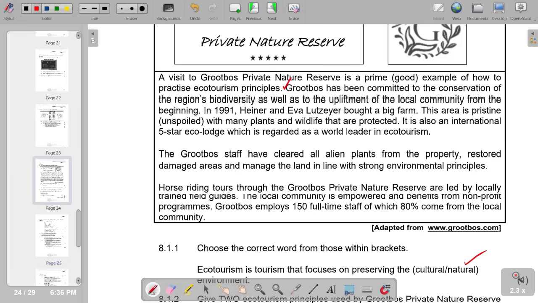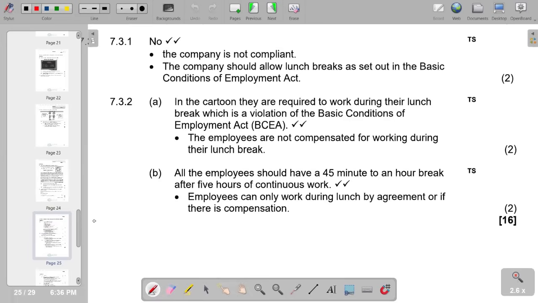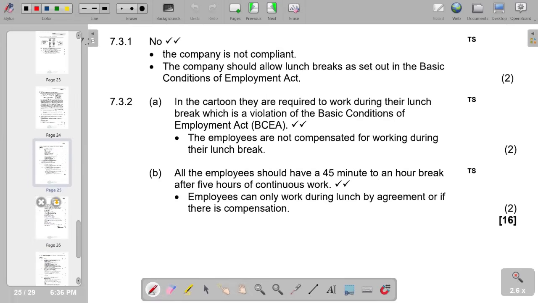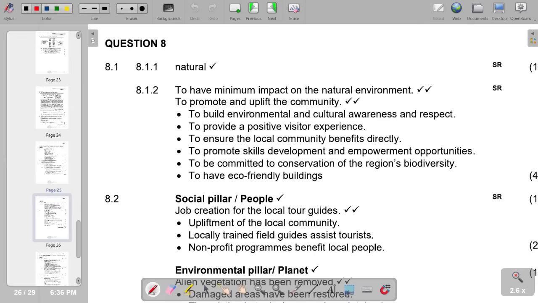So it means in that case, there is the building of the environmental and the cultural awareness and respect that is there. So we also can include that one. So we are saying on that part is two. One of the points to have minimum impact on the natural environment, to promote and uplift the community, to build environmental and cultural awareness and respect, to provide a positive visitor experience, and further points that we also have that are supporting that.